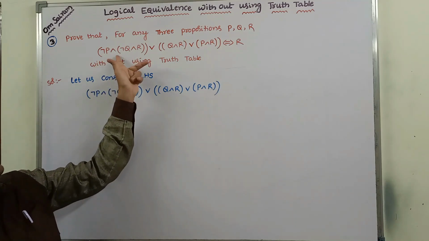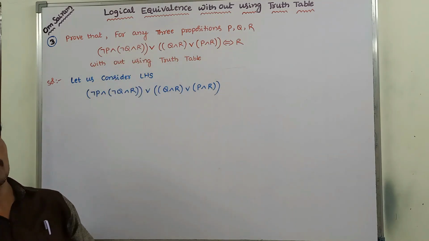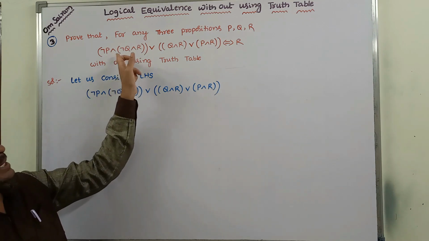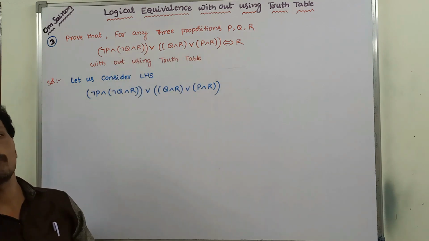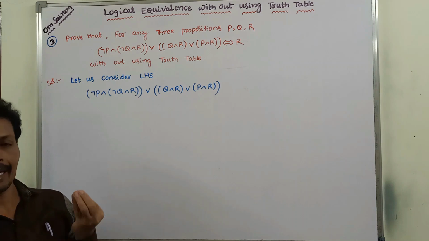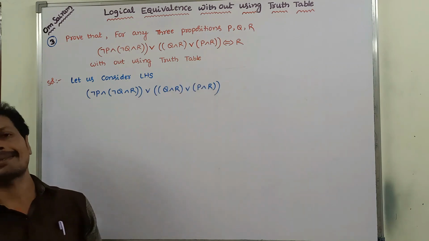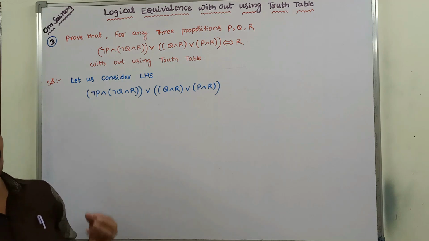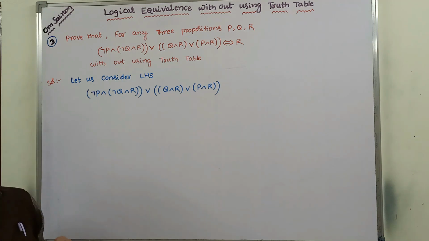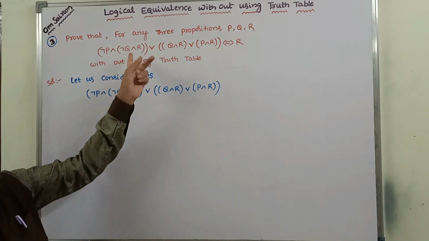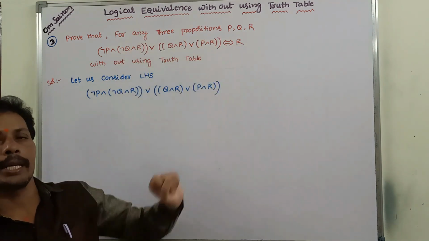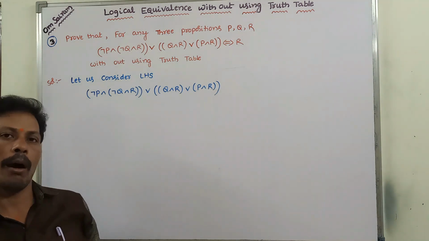On the left hand side this compound proposition is there. We have to take this entire compound proposition on the LHS side and show the RHS side. That means we take the LHS part, then we have to show the RHS part. Hence we can say that this formula is logically equivalent to this formula.